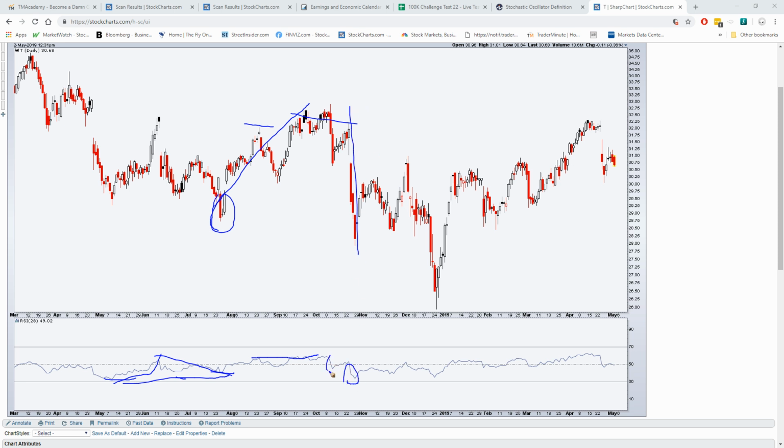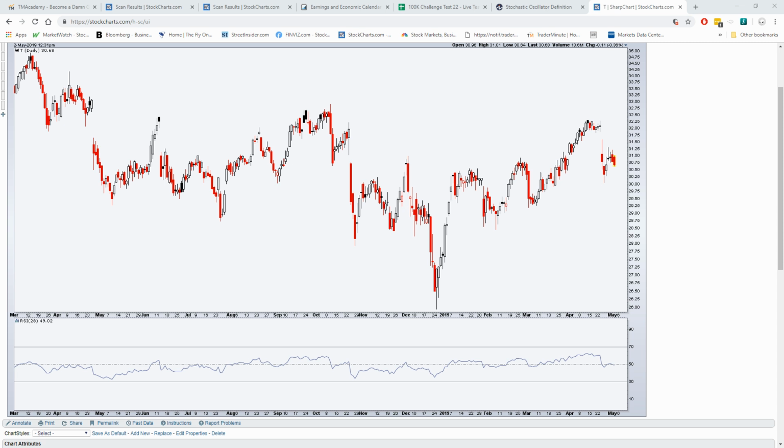RSI hitting a new short-term low, confirming the sell-off, but no divergence there. Then what do we get on this next sell-off? RSI, same level. So we have positive divergence right here saying, all right, chances are the next wave is up. So you'll get some of this in the indicator and be able to track that. What is it telling about AT&T right now? Absolutely nothing.